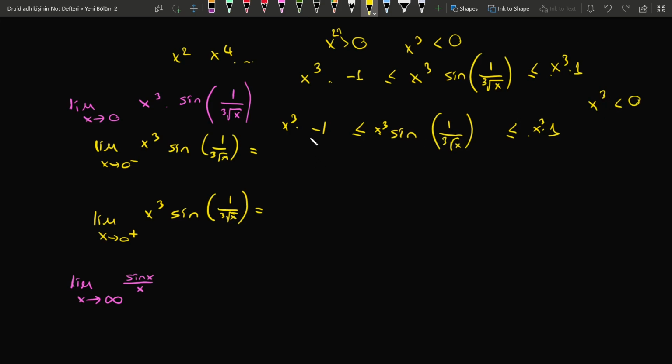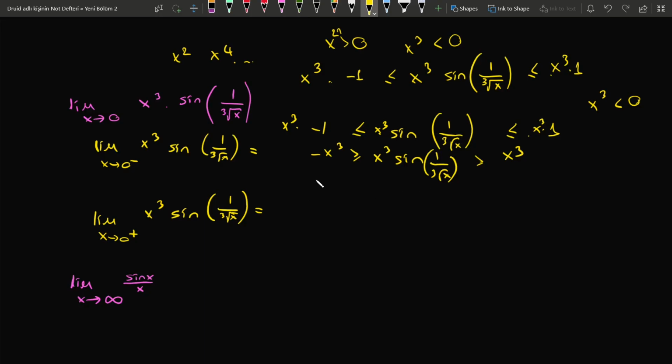So this means the inequality will change its direction this time. We have to change the direction because we're multiplying by a negative sign. So now we wrote it like this.